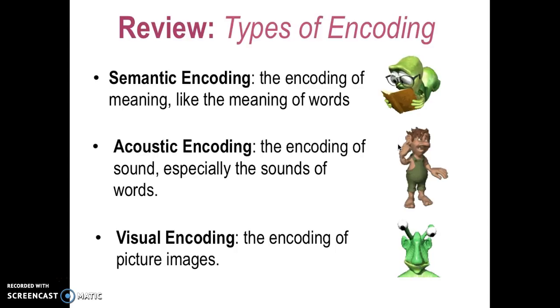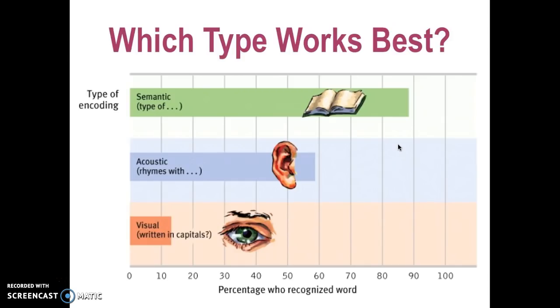All right. So you've got to figure out which type works the best. So which type is going to work best? What do you guys think? Of course, it's going to be semantic, thinking about the meaning of what the word means, how to apply it to a real world situation. This is why we make you do the vocabulary the way that we make you do the vocabulary.